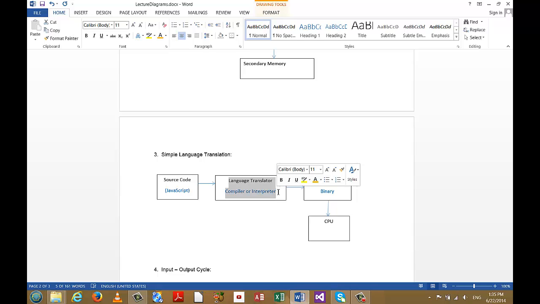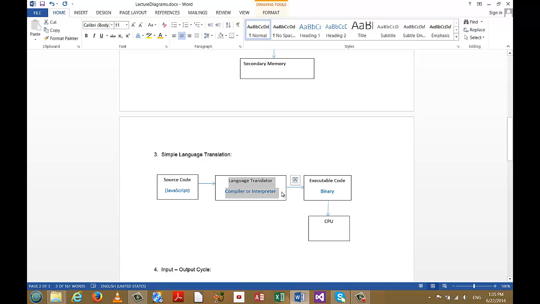And there are two basic ways these high-level English-like languages can be transformed into a binary format that the CPU can actually understand. One way to do it is to compile it, the other way is to interpret it. So there are manufacturers of programs that are designed to translate certain high-level languages into the corresponding binary format.